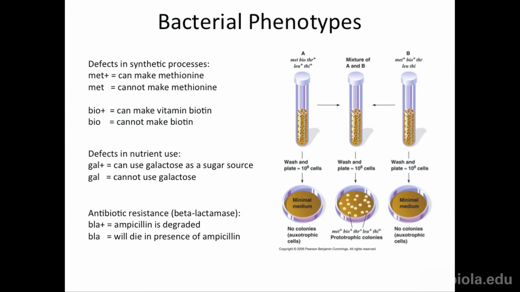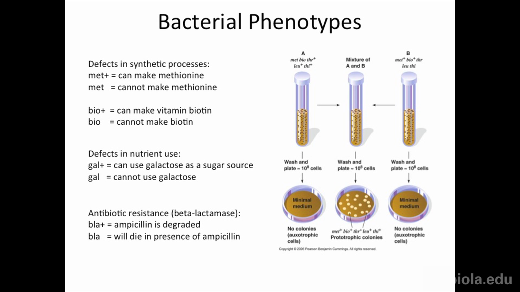Okay. So most of these are genes in synthetic processes in biochemistry in the bacteria. So a MET plus bacterial strain would be a bacteria that is capable of making methionine. And so you could grow that bacteria in a plate, in its nutrient agar, or liquid culture, without methionine.